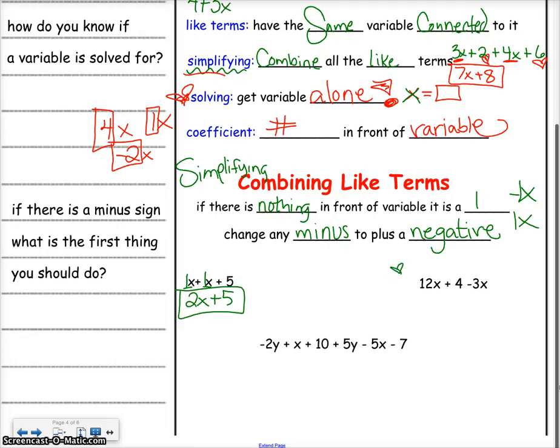I see I have 12x plus 4 minus 3x. So I'm going to change this minus to plus a negative. Now I'm thinking, what can I combine? 12x and negative 3x gives me a positive 9x. And then I can't combine any whole numbers, so my simplified expression would be 9x plus 4.